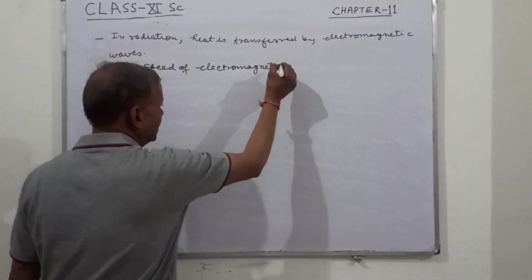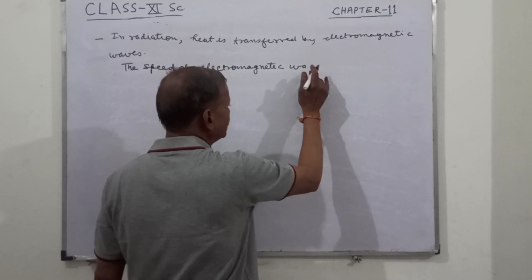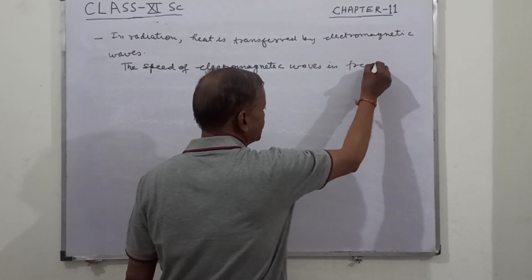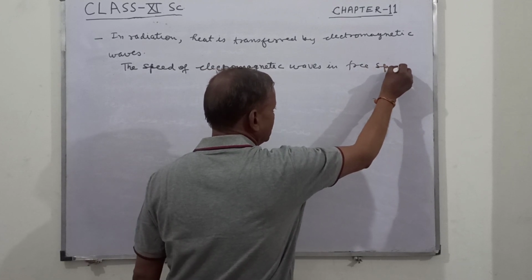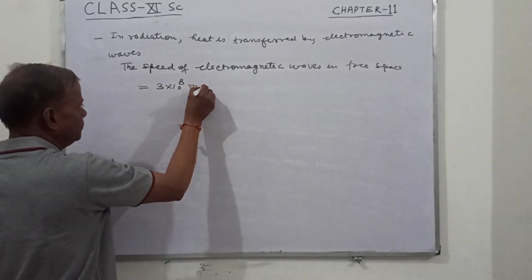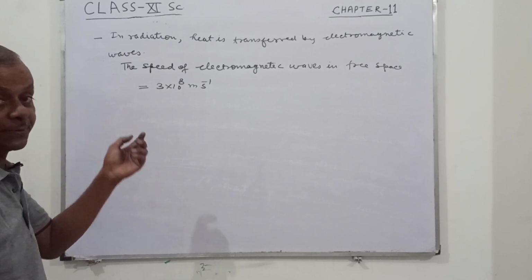The speed of electromagnetic waves in free space is equal to 3 into 10 to the power 8 meters per second. That is the speed of light.